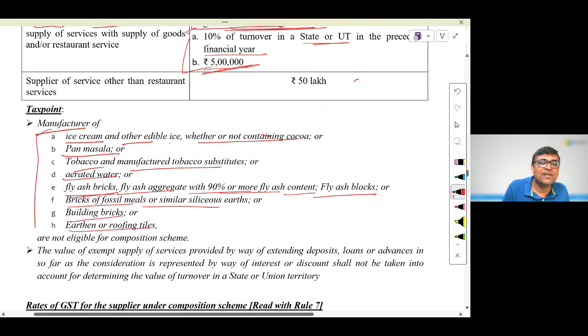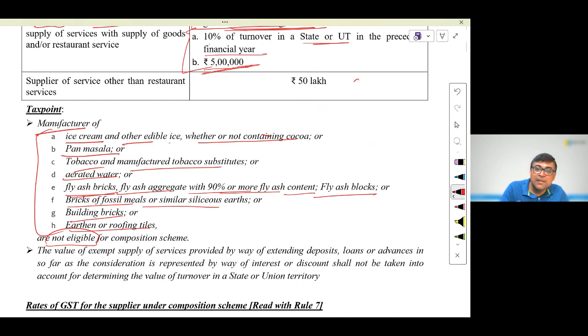If I am the manufacturer of these things, I'm not eligible for the composition scheme, even though I satisfied all required conditions. Even though the turnover of my preceding financial year is within limit, I cannot avail this benefit.